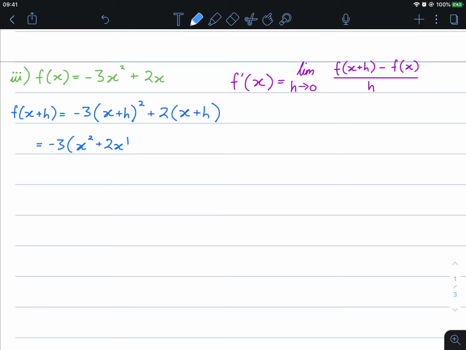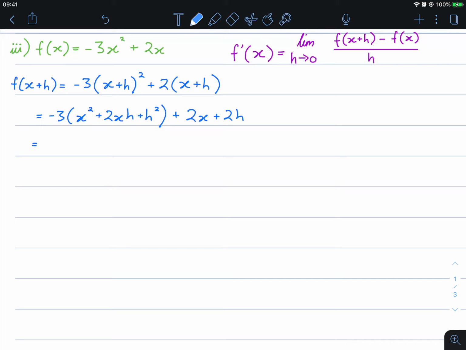Sorry, I'm just expanding this one here. Expanding this one as well. And one last expansion of this bracket. So negative 3 times x squared, negative 3 times 2xh, that's negative 6xh, minus 3h squared plus 2x plus 2h.